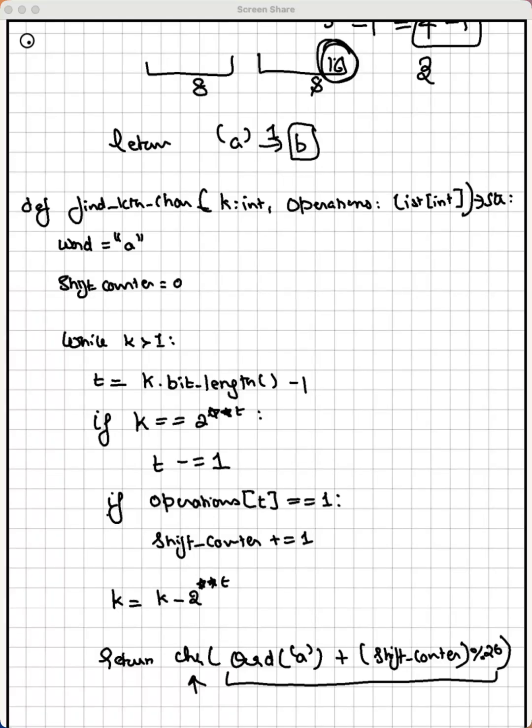In the case that we did with k equal to 10, we happen to jump much larger. So my time complexity for this will be log k.